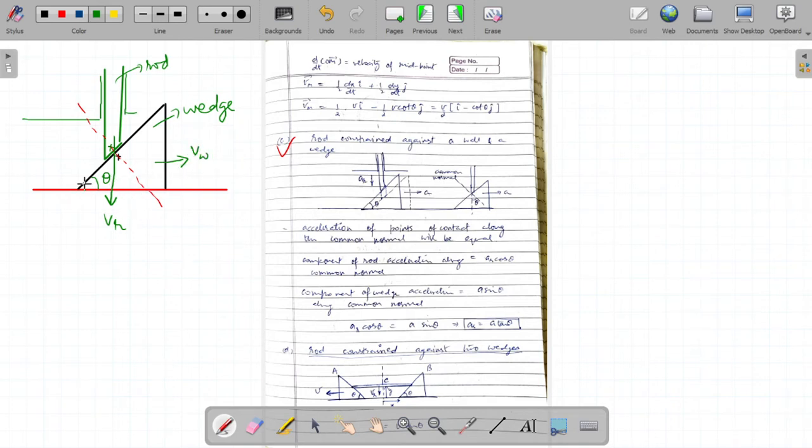Then the whole wedge is going with the velocity Vw, and the whole rod is coming down with the velocity Vrod. That means the point of contact on the rod would also be going down with the velocity Vrod, and the point of contact on the wedge would also be going in the rightward direction with the velocity Vw. Then the components of these velocities along this common normal, which we have drawn with the dotted line, have to be equal. That is the idea which we are looking for.